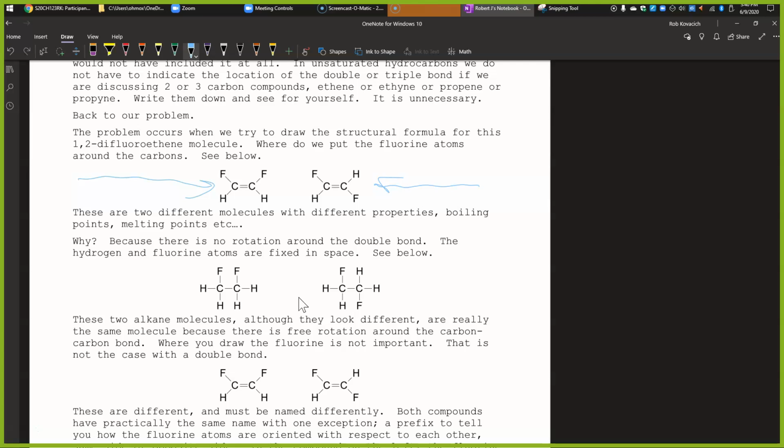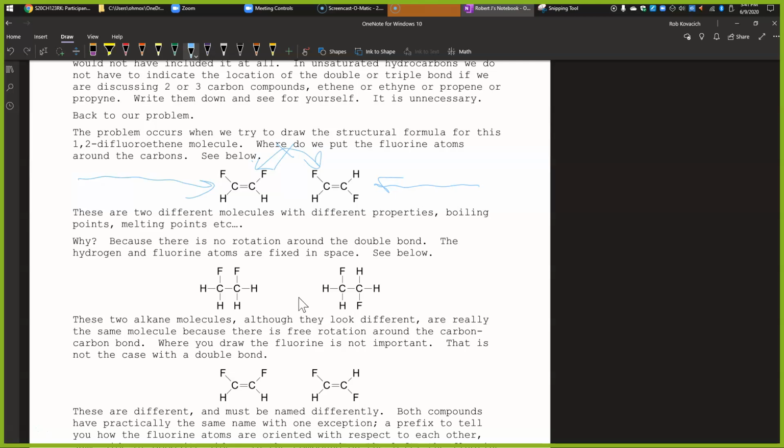Because this molecule here and this molecule here have different melting points, different boiling points, different flash points, different chemical reactivity. They are different molecules, even though everybody's connected up the same. And so this is called a geometric isomer. A geometric isomer is a geometric isomer because the atoms are connected differently in 3-dimensional space.